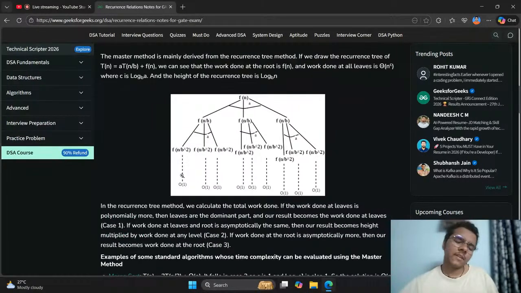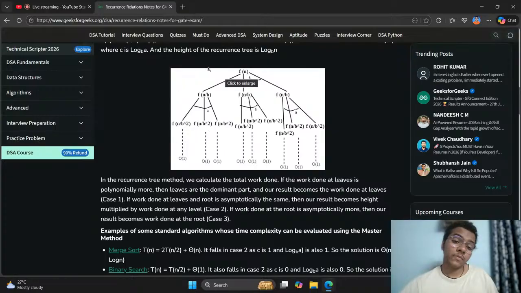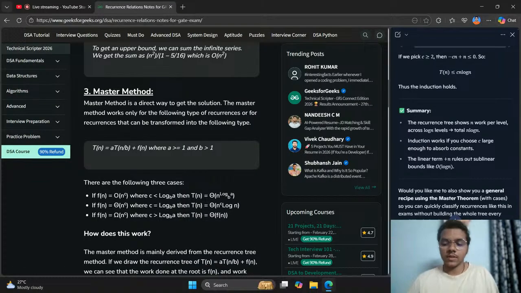He is trying to get some proof from the recurrence tree method. So the master method is derived from the recurrence tree method.